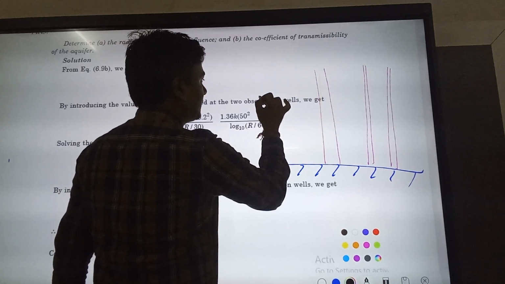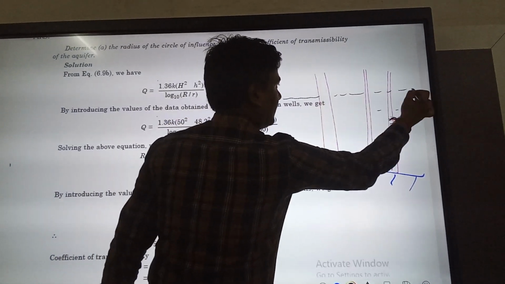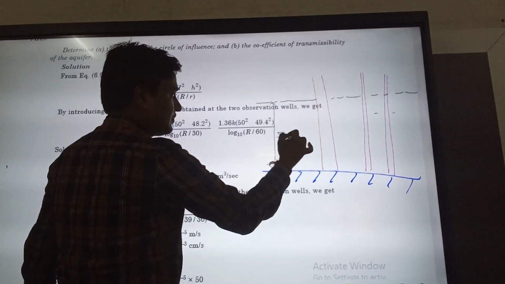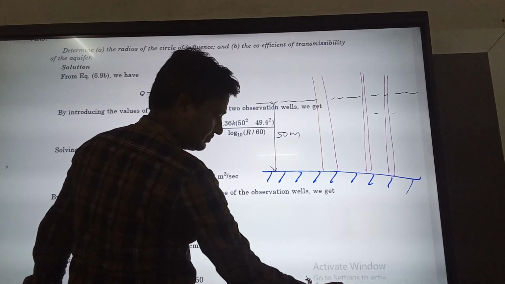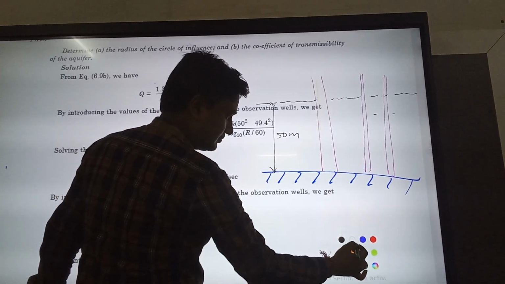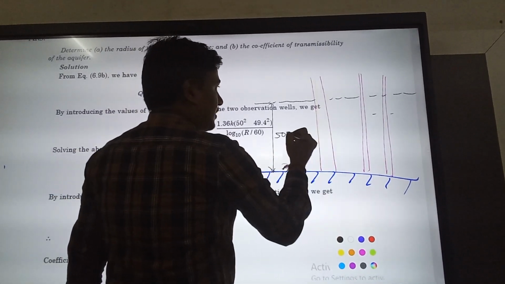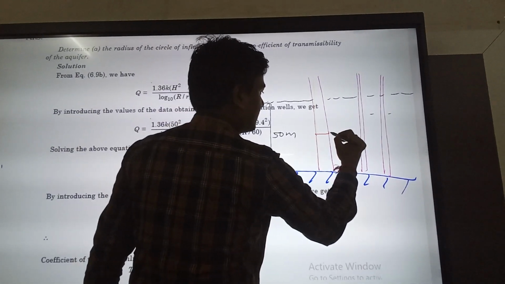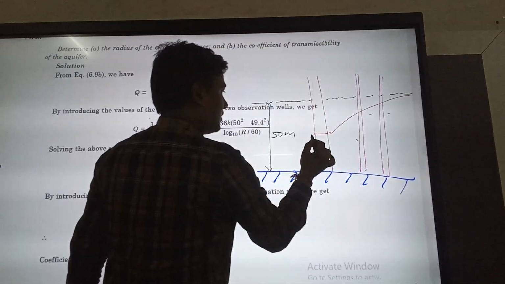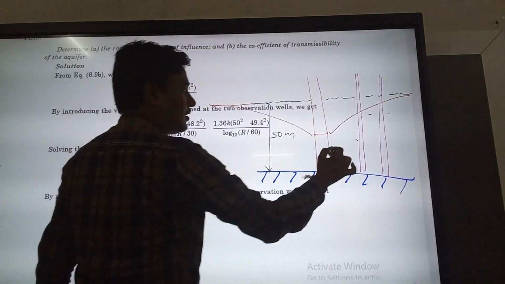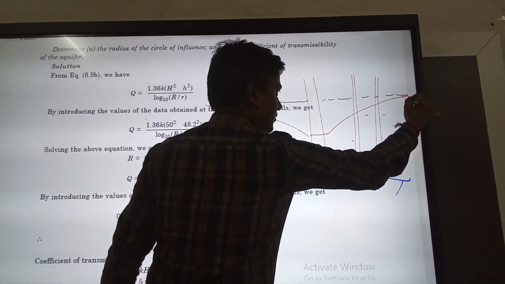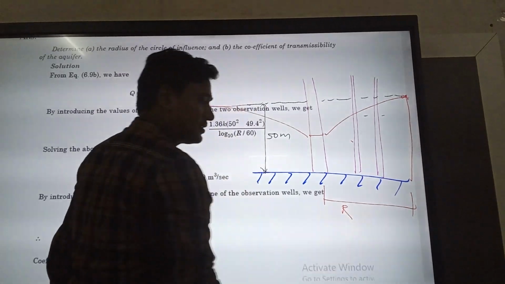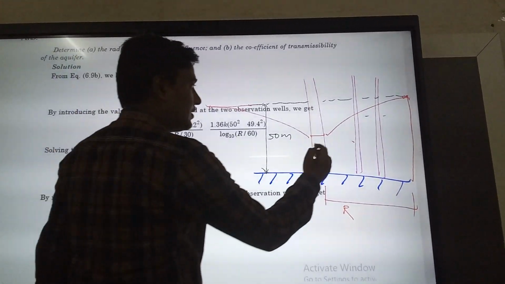This is the water table. And after pumping, if you draw the drawdown curve, the point where the drawdown is 0 is called the radius of influence, which is defined as R.